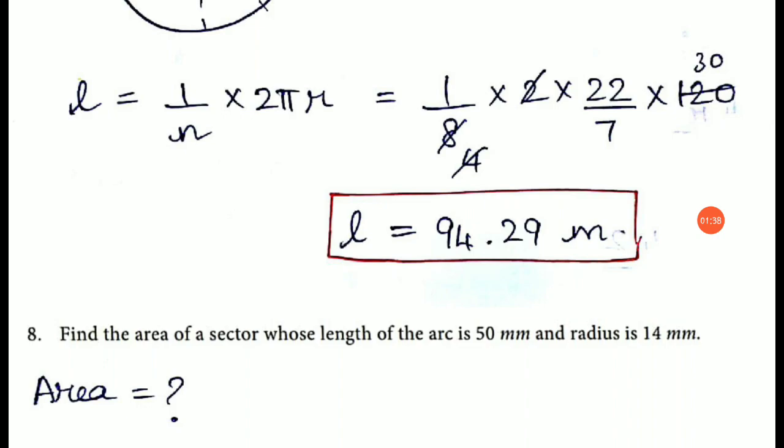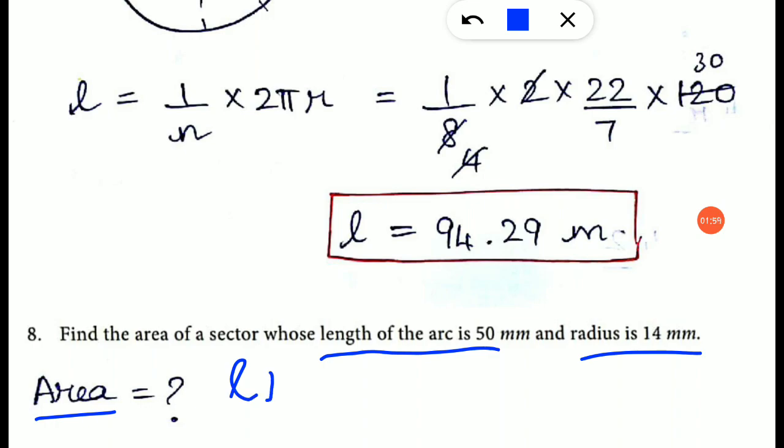Find the area of a sector whose length of the arc is 50 millimeter and radius is 14 millimeter. The length of the arc is given and then radius is given. So, you need to find out the area. Which formula does involve length and radius?